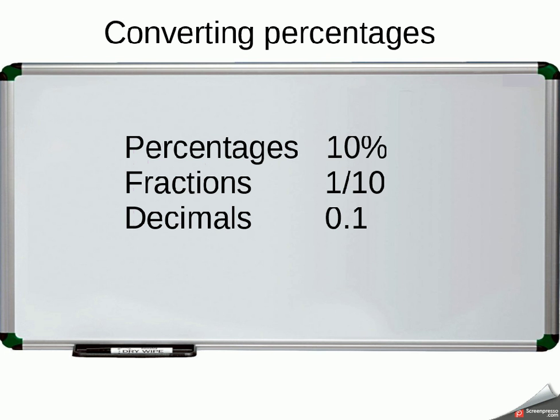We've got three different ways of showing a portion of something or part of something: percentages, fractions, or decimals, and they've got different uses. Fractions are good if we are showing equal parts of something and how it's chopped up and how many of those pieces we've got.